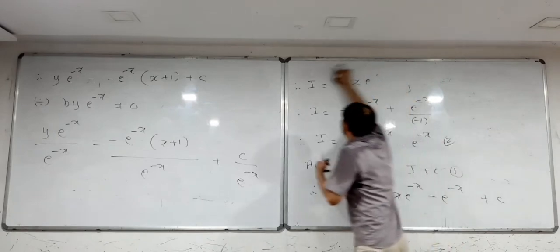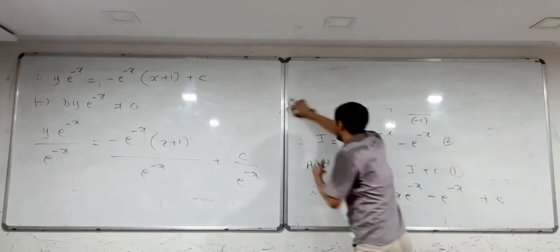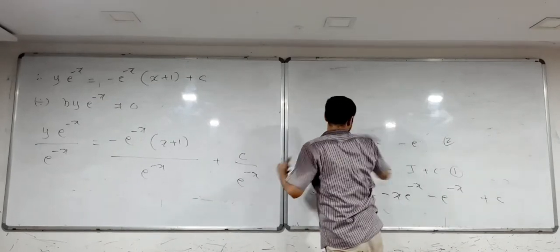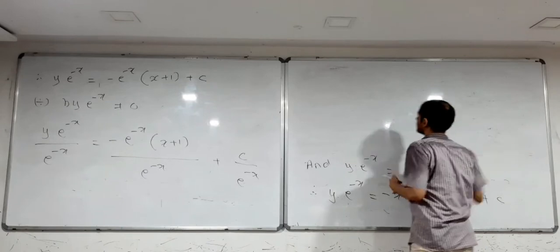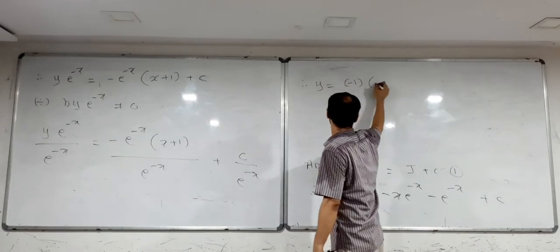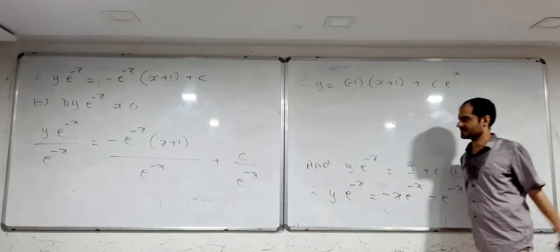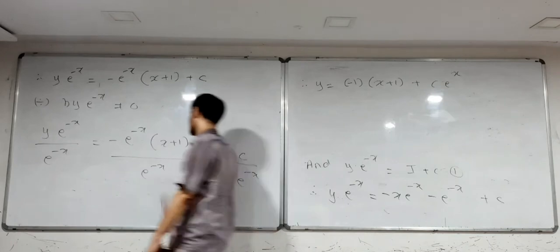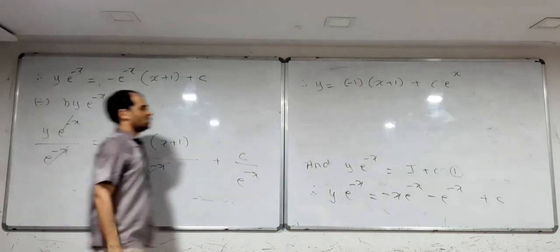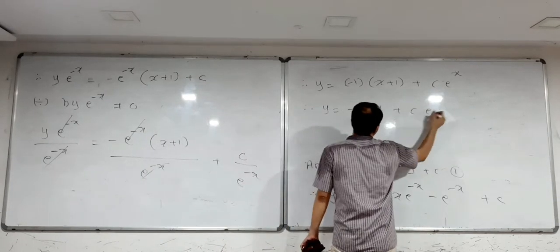So we end up getting y is equal to minus 1 into x plus 1 plus c into e raised to x. e raised to minus x ऊपर गया, e raised to minus x gets cancelled. So y is minus x minus 1 plus c into e raised to x.